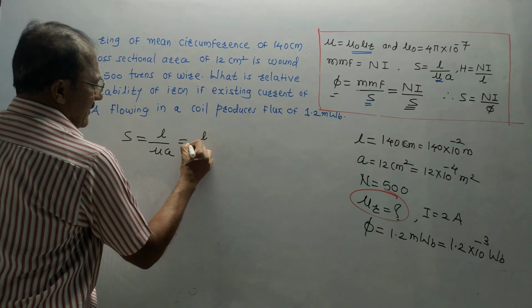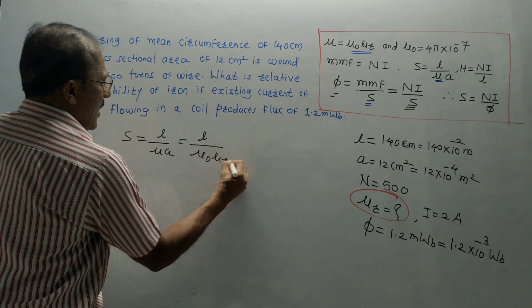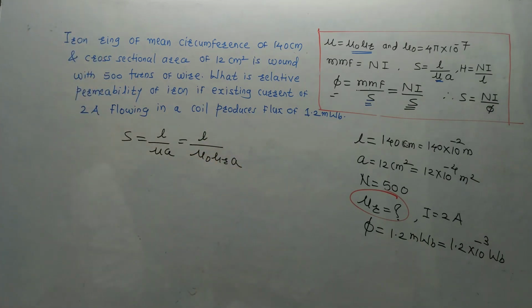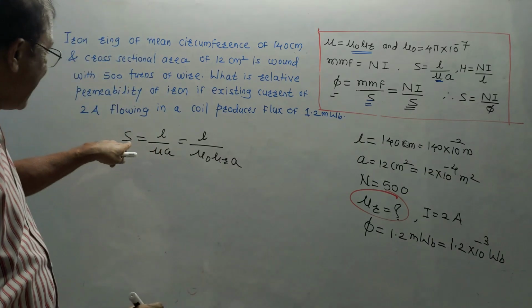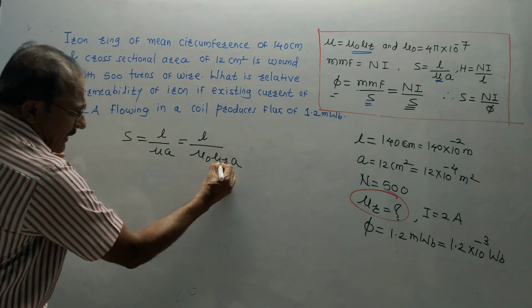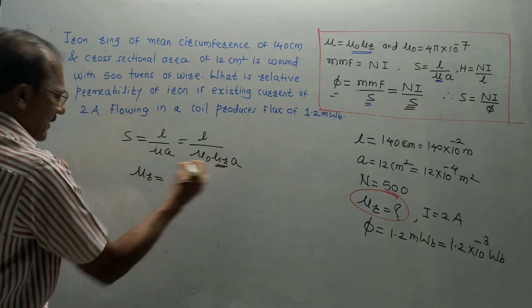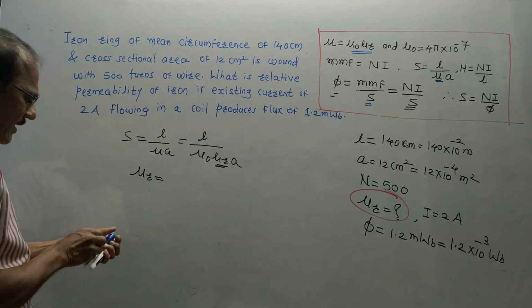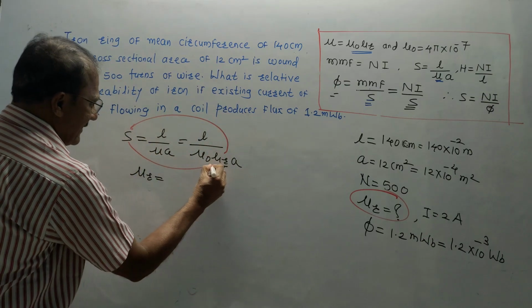So I can well write this formula as L upon mu 0 mu r into A. But the question arises, I need to know the value of S, that is the reluctance. So before that, I need to calculate mu r. So first I will express the terms in terms of mu r. I will transfer this mu r term over here and S term at the RHS.